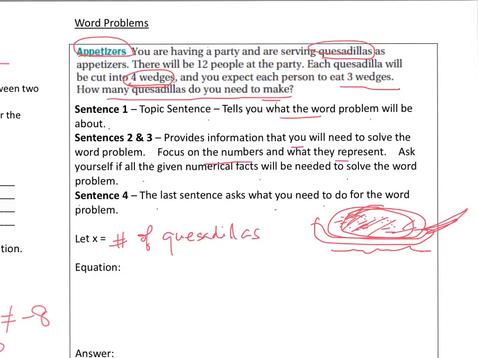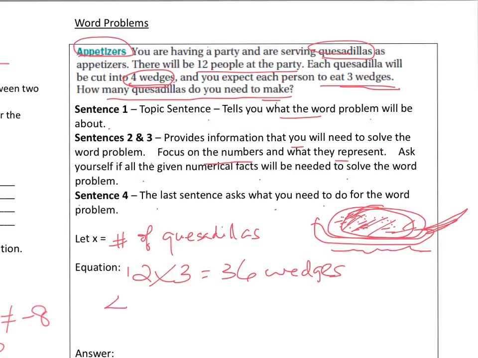Okay, since there are 12 people at the party and each person is going to eat 3 wedges, so 12 times 3 equals 36 wedges. And each quesadilla will be cut into 4 wedges.